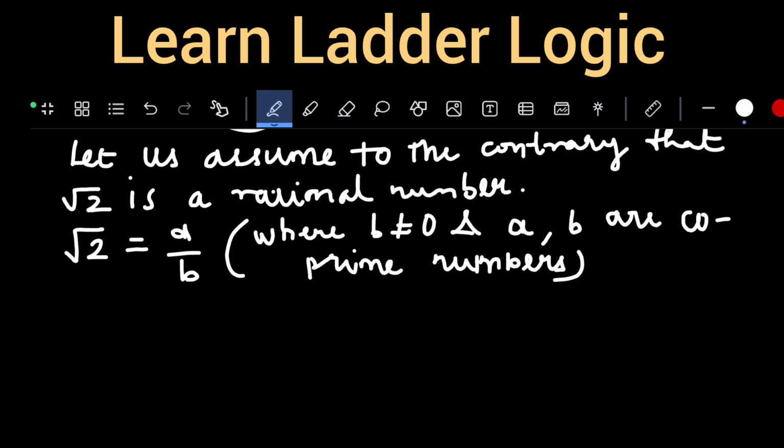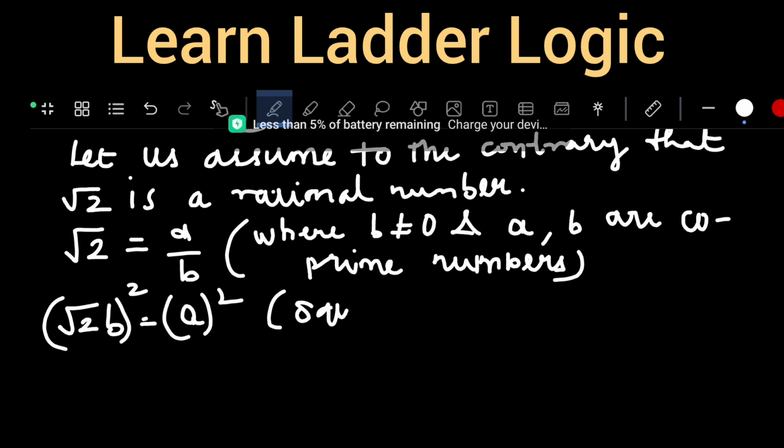Now, root 2 is equal to a by b. Here I'll take this b this side and multiply, which I can write as root 2 b is equal to a. Now I'll square both the sides.